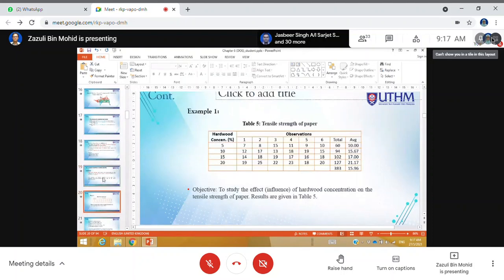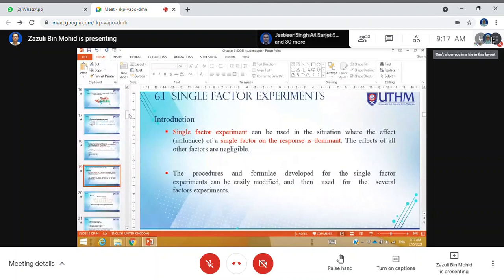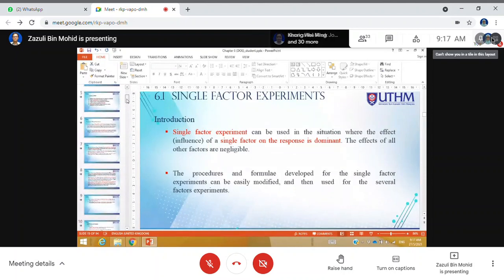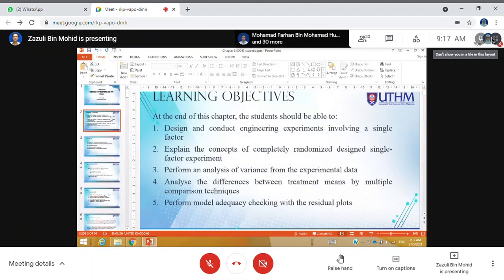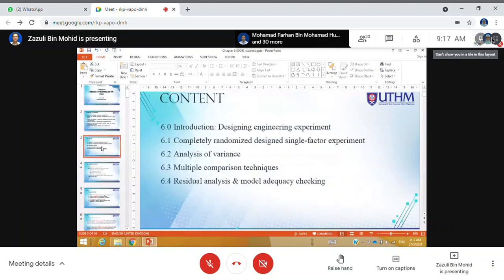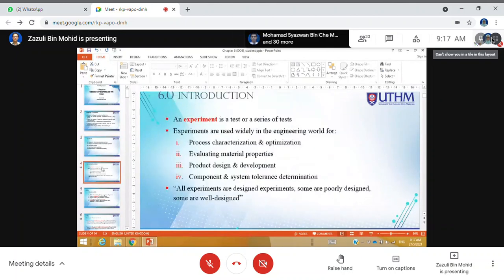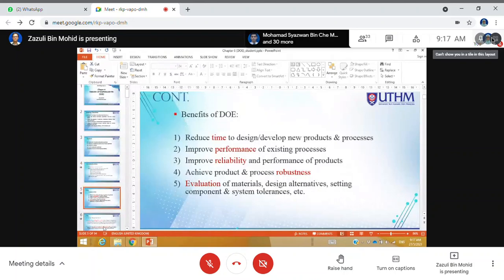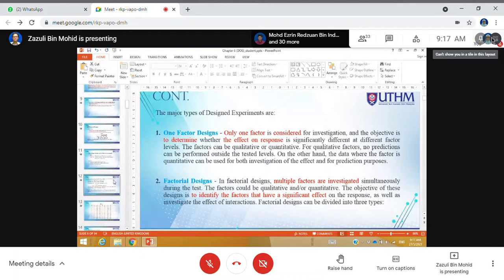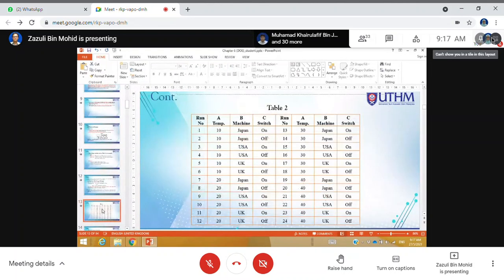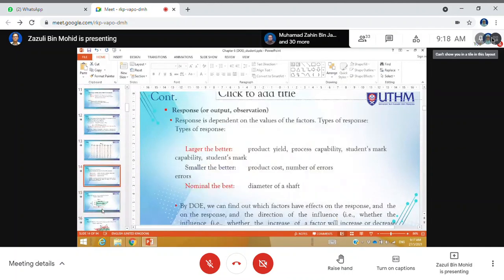So I think this is the introduction of DOE. There are a lot of things you have to understand and memorize, the terms used in this chapter: what are factors, what are levels, what are trials, and so on. Examples have been given on several pages, for example pages 13 and 14.